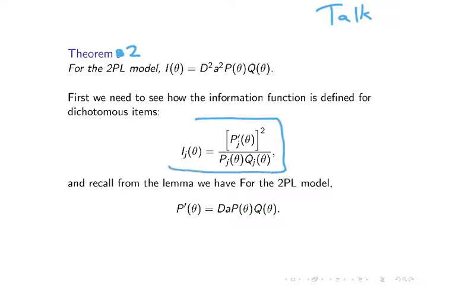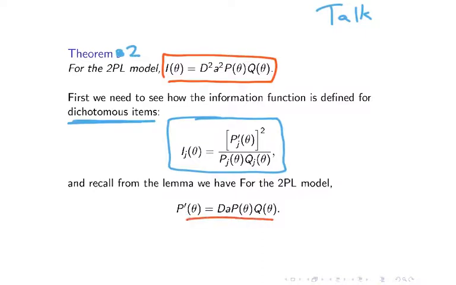This is how it's defined for dichotomous items, which are the kind of items that we're considering. These could be free response or multiple choice. We want to show that for the 2PL model, it takes on this form. We're going to walk through that in this lecture.